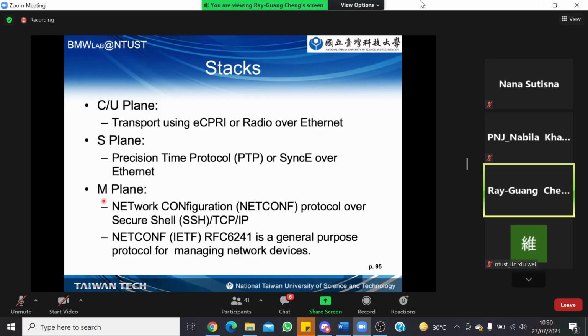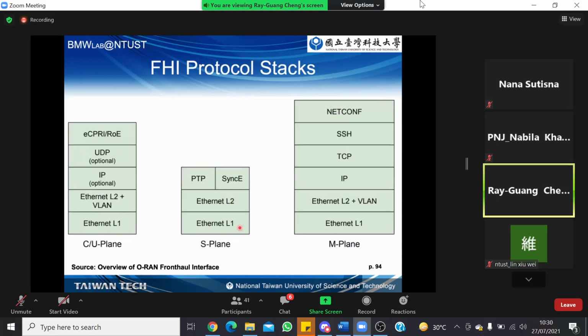M plane is they use the NETCONF configuration protocol over SSH over TCP IP. So you can see that all the configuration information, they will go through SSH.